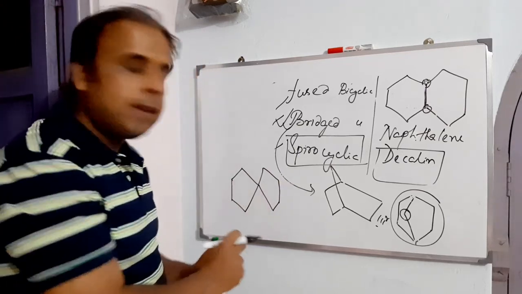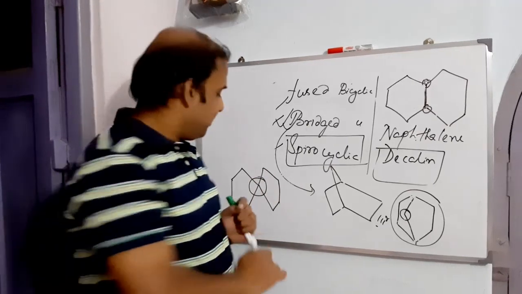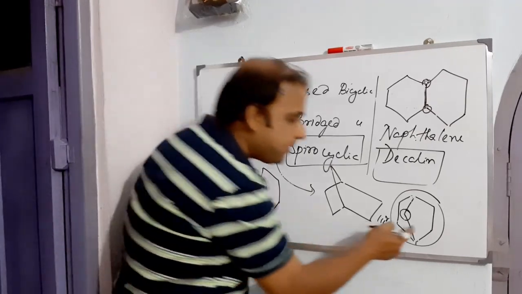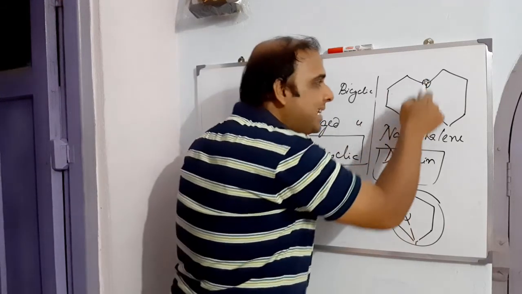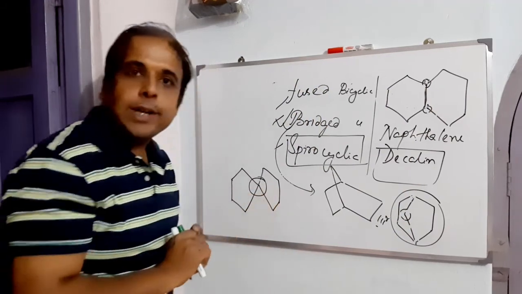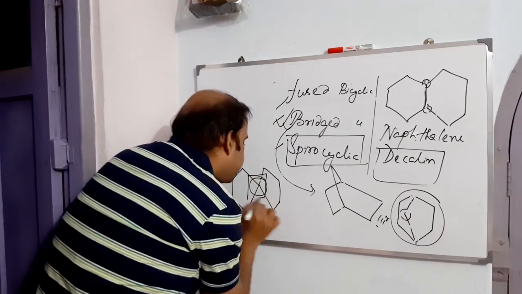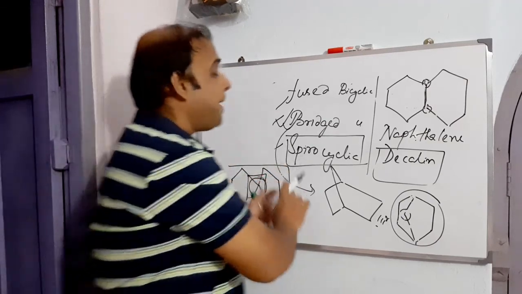Two cycles passing through a common point. That means here there is no bridge as such, neither a bridge nor two adjacently placed carbons. Instead, two cycles share a common atom. So this is the linkage which is called spiro linkage, and the compound thus produced is called a spirocyclic compound.